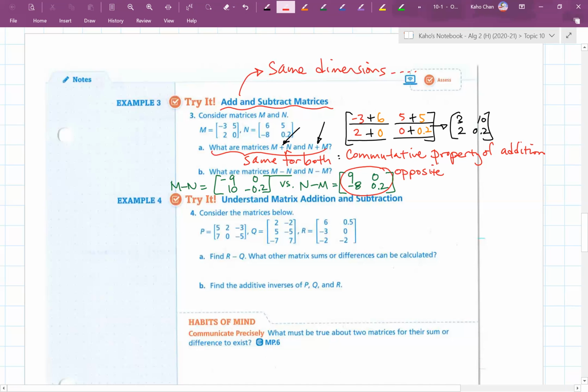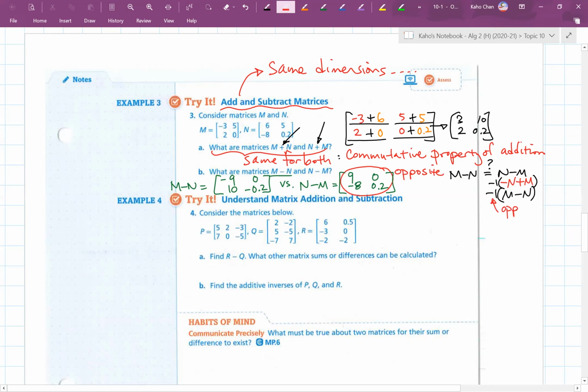In fact, I can quickly prove it to you. M minus N, how does it compare to N minus M? You can always factor out a -1 from the second one, and you'll get -N plus M. And if you just rearrange it inside the parentheses, that -1 shows that it's the opposite.